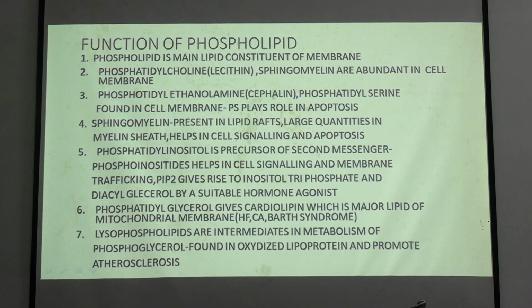Okay. So, function of phospholipid. What does phospholipid have? It has a phosphoric acid residue with fatty acid, and the alcohol is glycerol, and a nitrogen containing compound is there, and other compounds can also be attached.